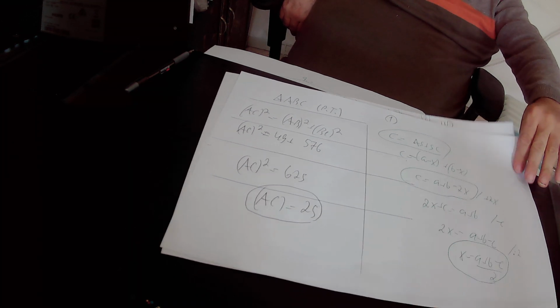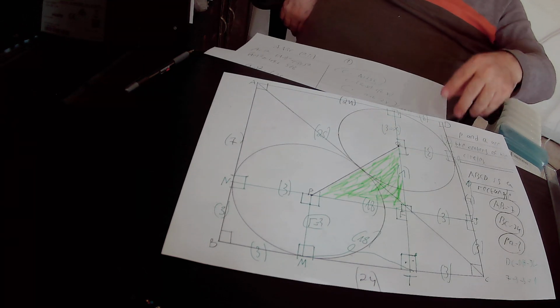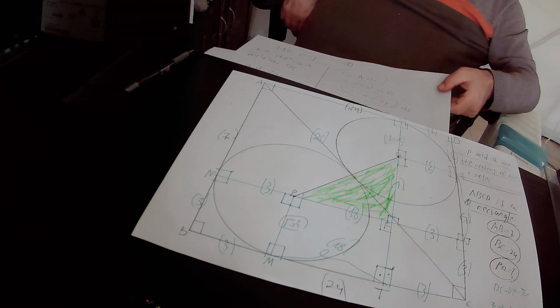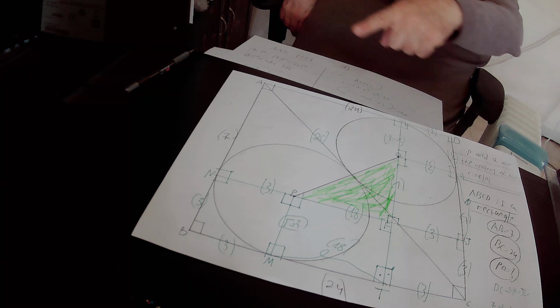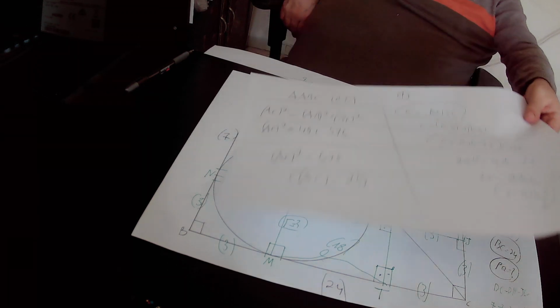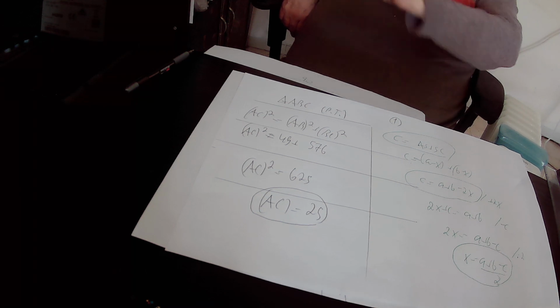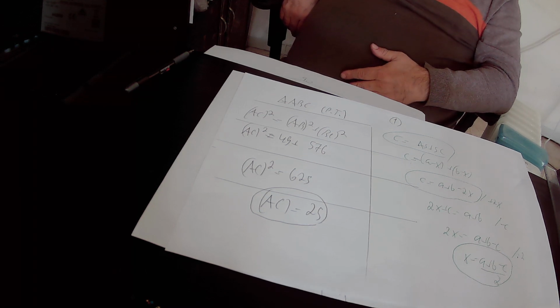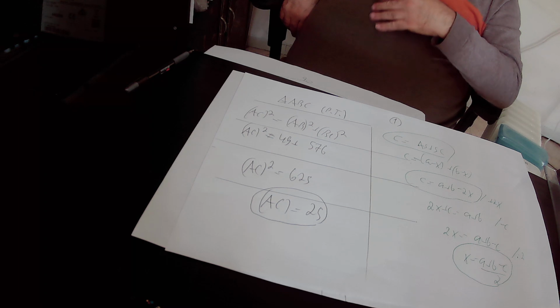The hypotenuse of this right triangle ABC is AC, therefore the square of the hypotenuse is AC squared. It must be equal to AB squared plus BC squared.